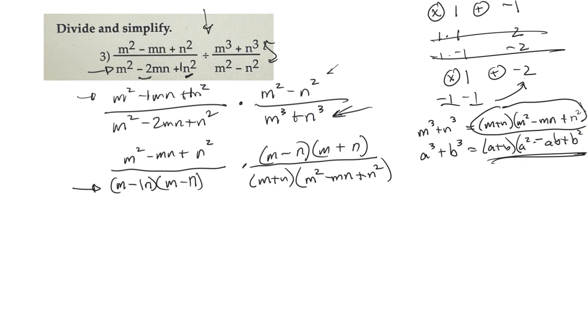Oh, so there's an m minus n here and an m minus n there. Oh, here's an m plus n and an m plus n, gone. What else? Oh, that whole thing on the top is exactly the same as that one. They'll cancel too. So in the end, I don't have anything in the numerator.